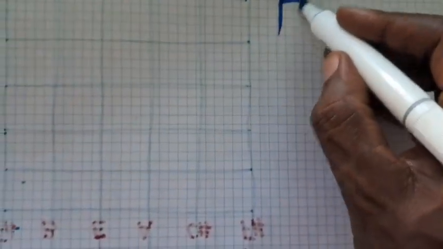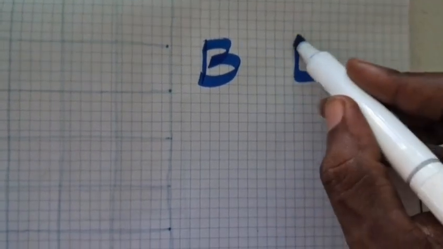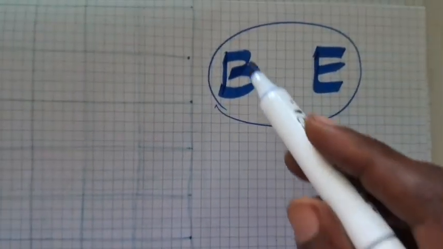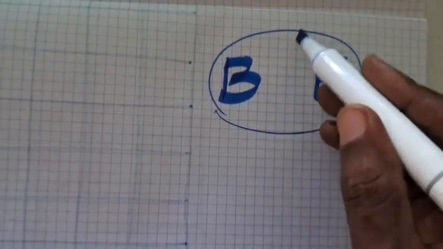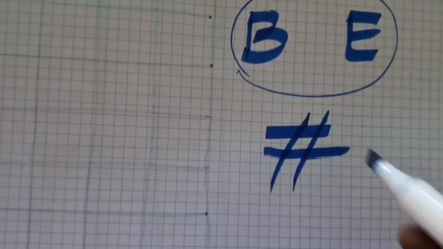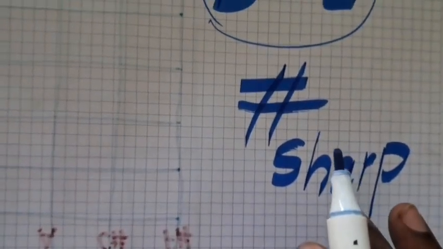Now, what do we want to explain here? We want to bring our attention to 2 keys. And that is the key of E and the key of B. These keys do not have sharps. This is a sign of sharp. They don't have a sharp. What do we mean?